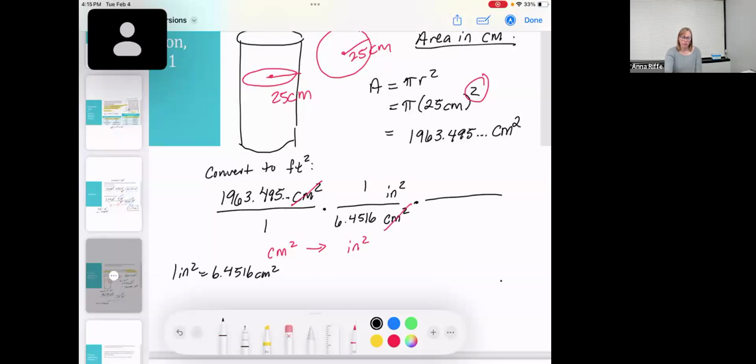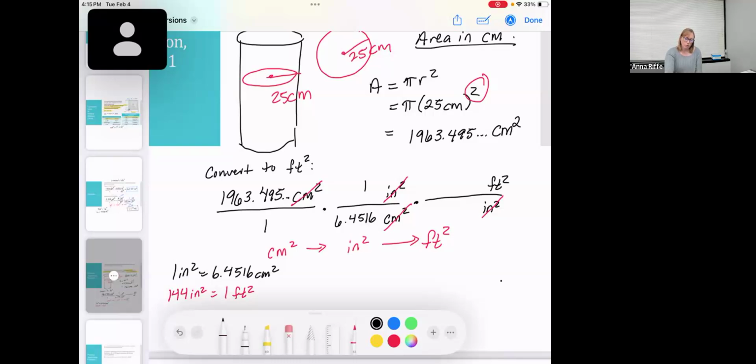We'll do this again to get from square inches to square feet, which is where we want to end up. And we have said that 144 square inches is equal to 1 square foot. So I need something with inches squared on bottom, feet squared on top, because we have inches on top here. I want those inches to cancel. My resulting unit, I want to be feet squared.